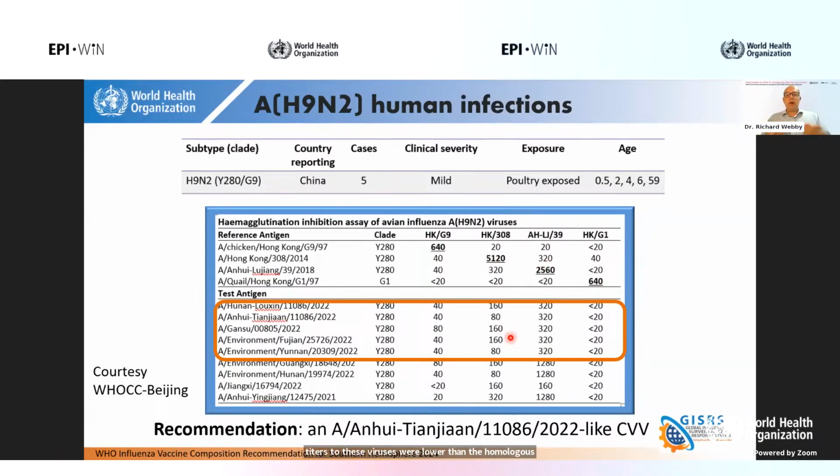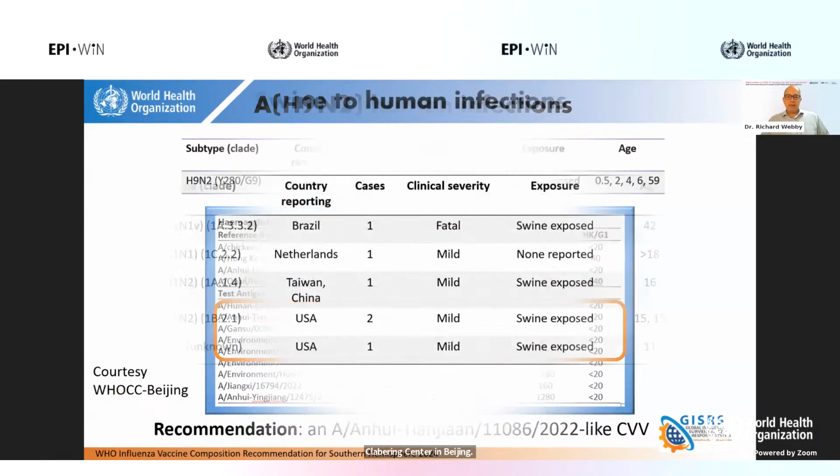Again, that's a signal to us that we need to go ahead and update viruses for this group, and we did. And so we recommended 1 new H9N2 virus that represents the current crop of H9N2 viruses in China. This data was shared by the WHO Collaborating Center in Beijing. So again, 1 new H9N2 candidate vaccine virus.